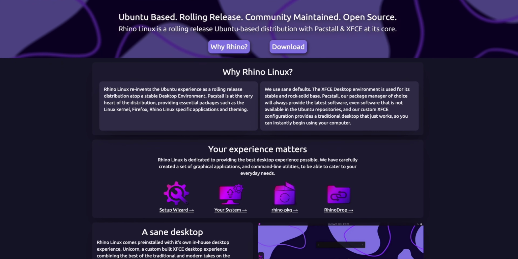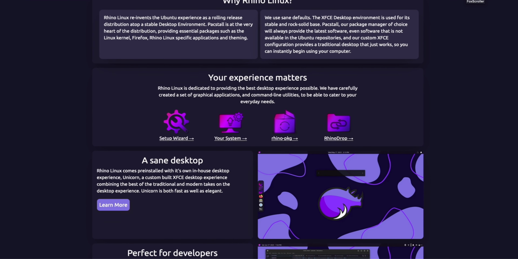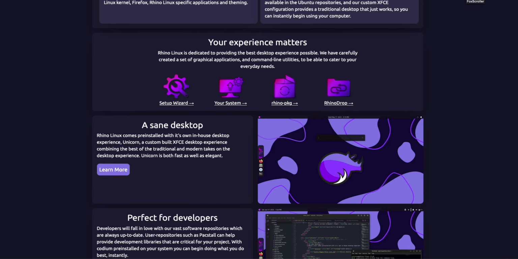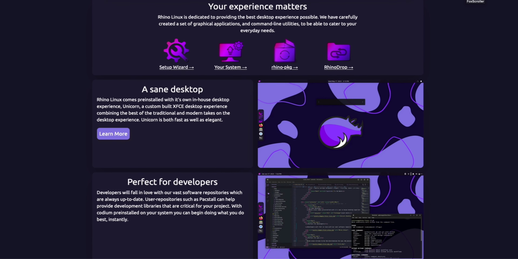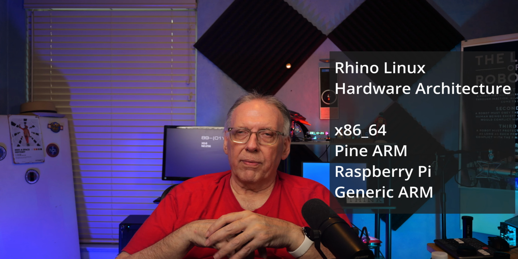So they classify Rhino Linux as a rolling release. However, there's a number of things that they do, and we'll talk a little bit about that. But the architectures they support is somewhat unique, and I think that really reflects back on what some of the original goals were for the previous version of Rhino Linux.